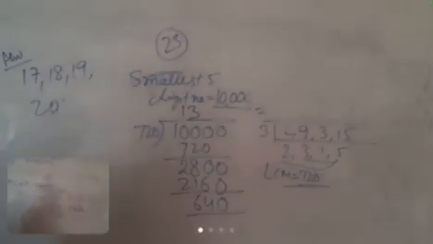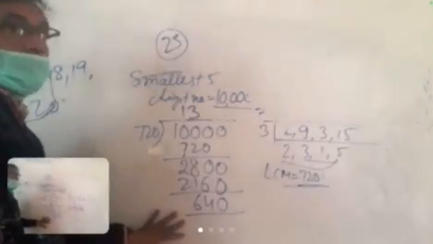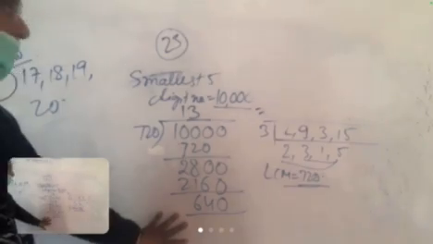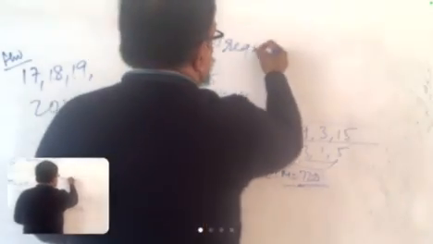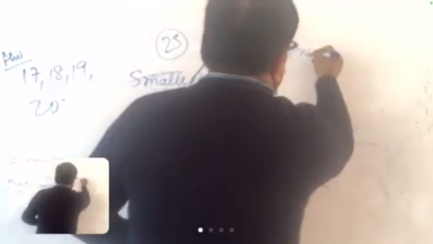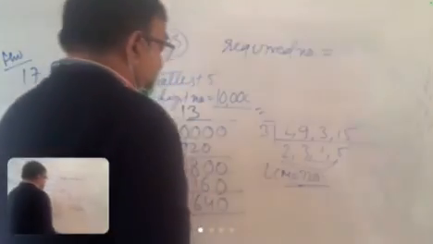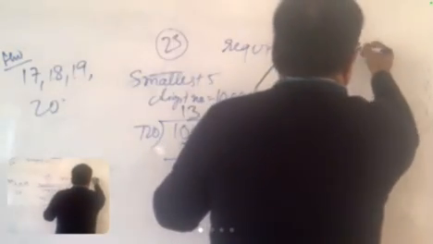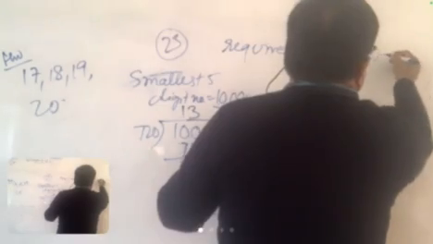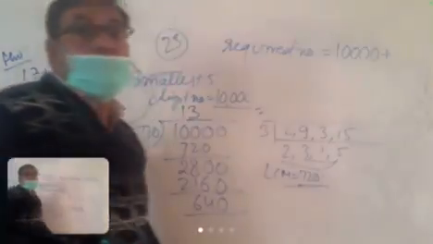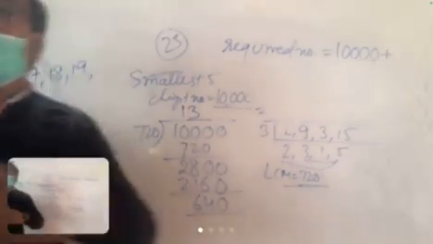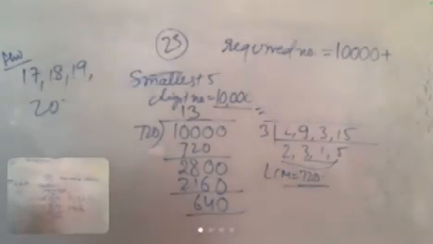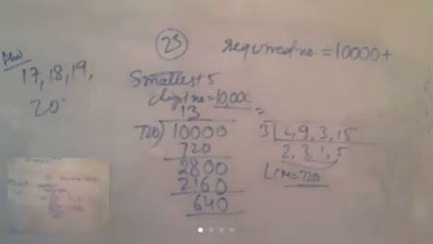Now everyone see, this is the climax. The required number is equal to 10,000 plus something. If we subtract, is it possible to be the smallest number?